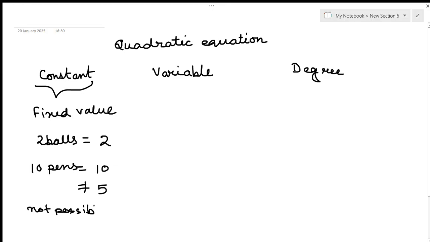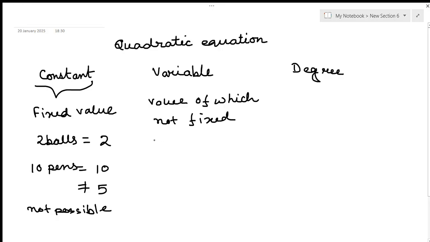What is the meaning of variable? Variable means the value of which is not fixed. For example, suppose we don't know the value of any object in a particular problem.